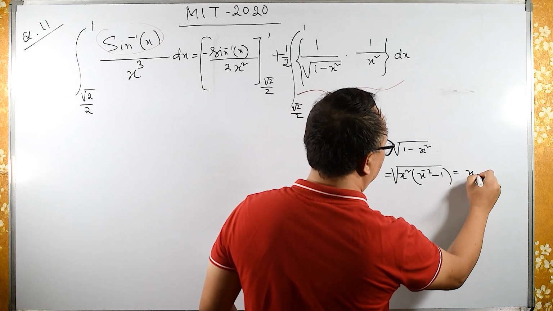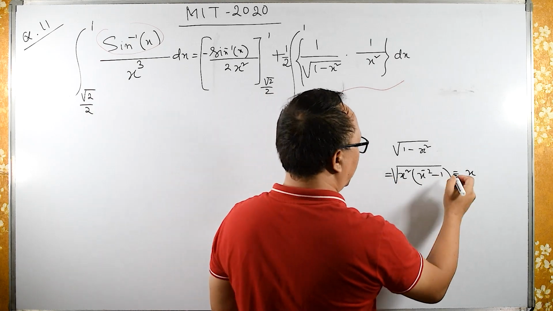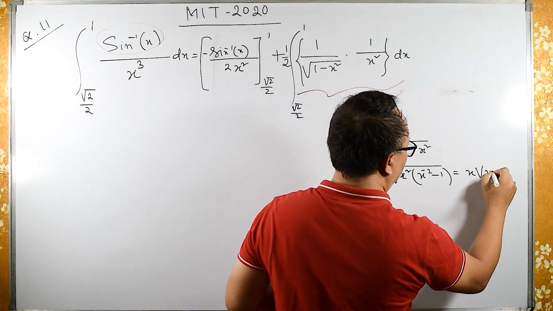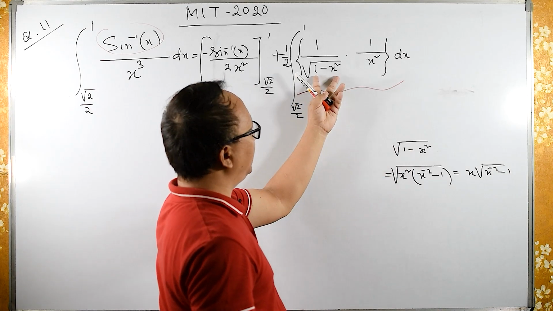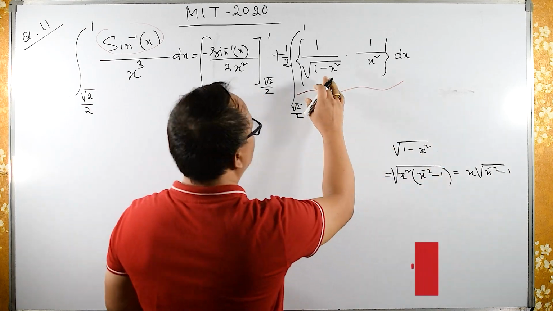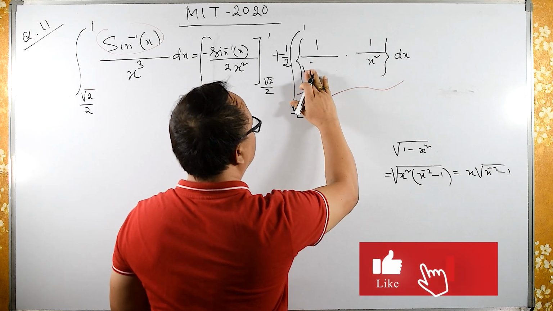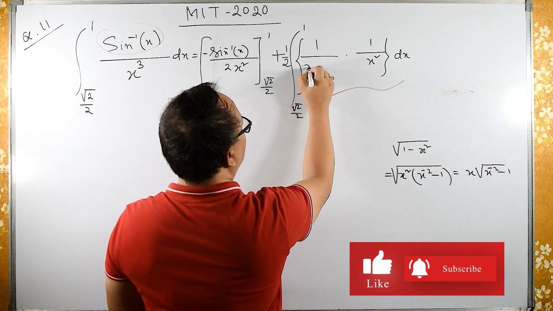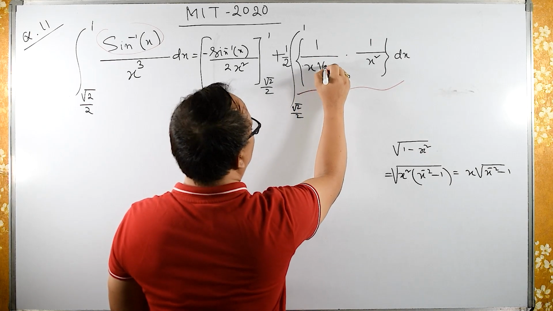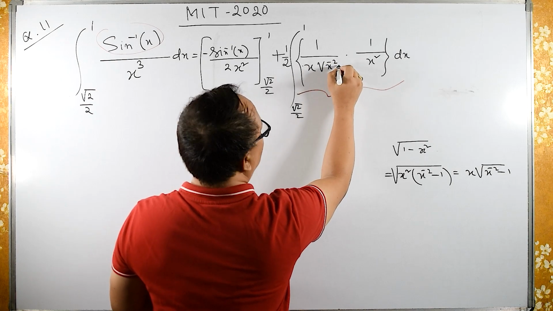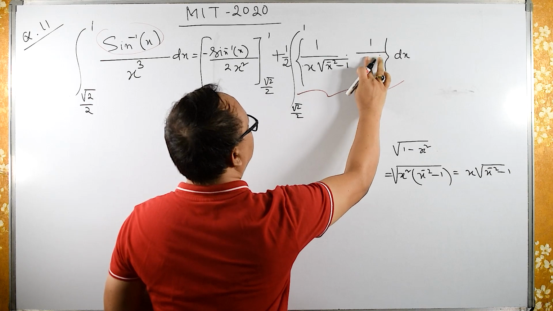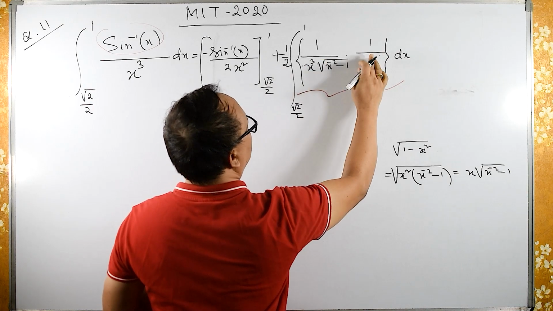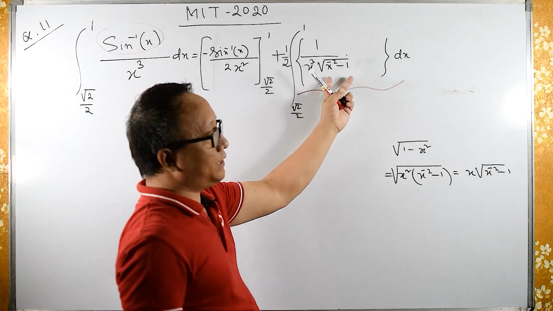It is the same as x square, and if I send it outside, it becomes x times the square root of x raised to minus 2 minus 1. So instead of this, I can write it like this: x into the square root of x raised to minus 2 minus 1. And this x square and x, we have x cube over here. So let's solve this integral.